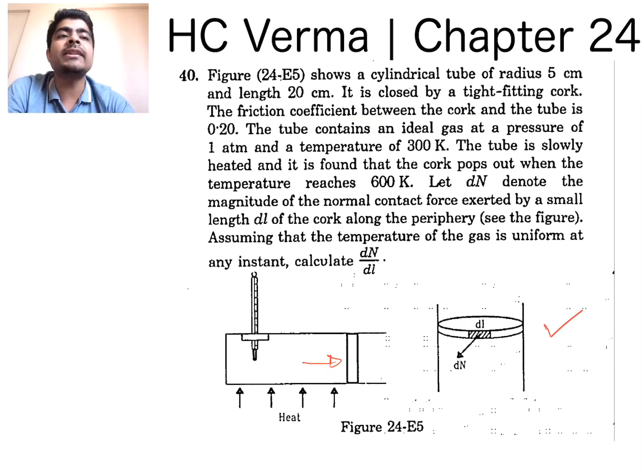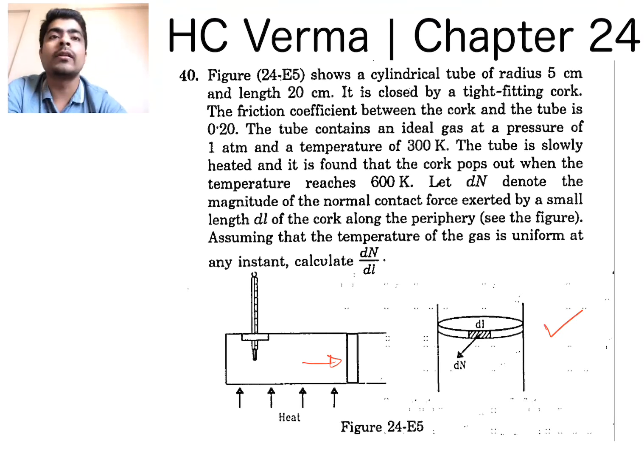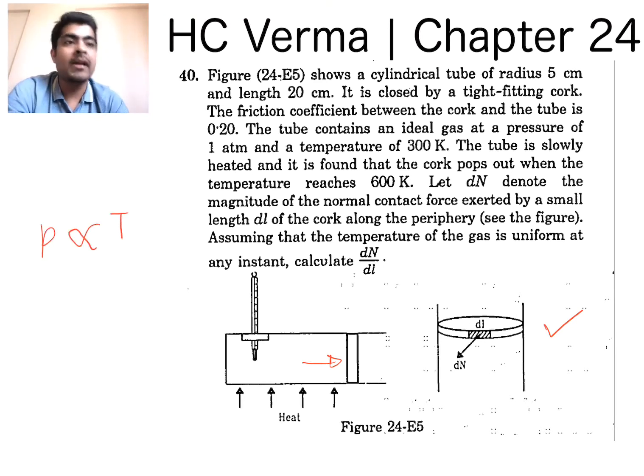So initial temperature of gas is 300, initial pressure is 1 atmosphere, final temperature is 600. Now for isochoric process we know that pressure will be proportional to temperature. Here temperature is becoming twice of initial value. Initially 300, finally 600. So pressure should also become double.